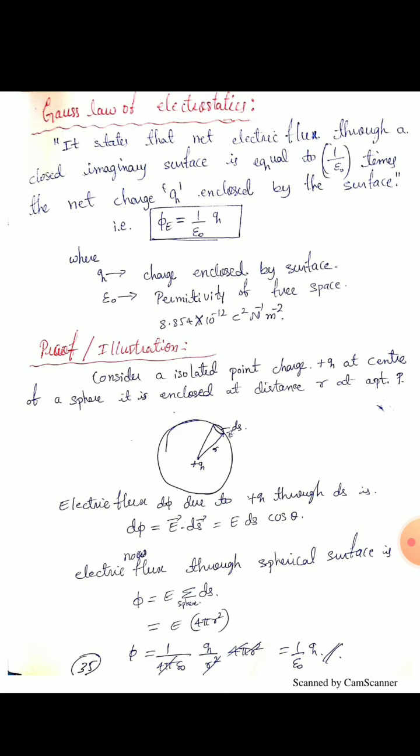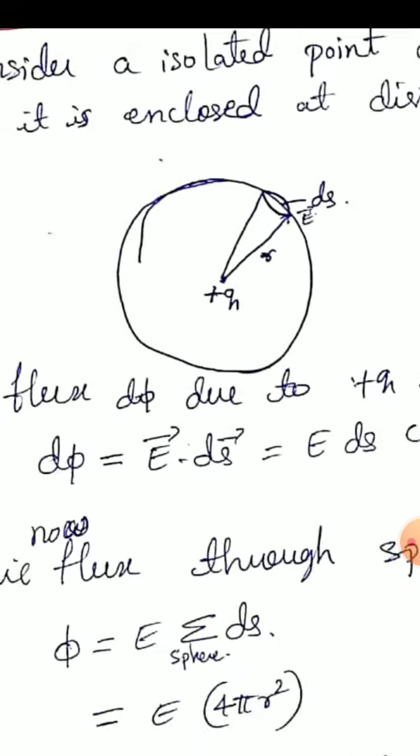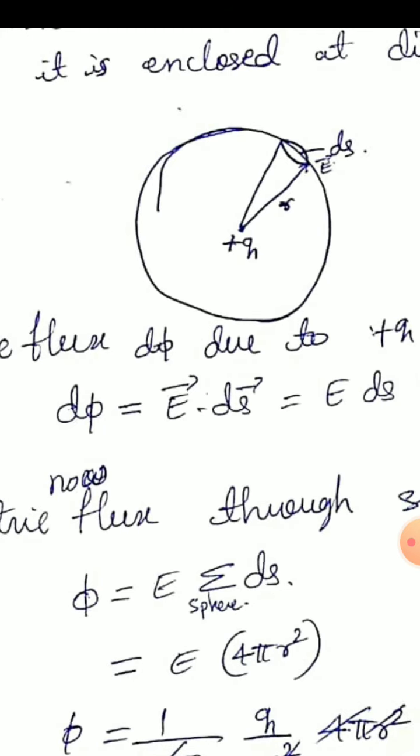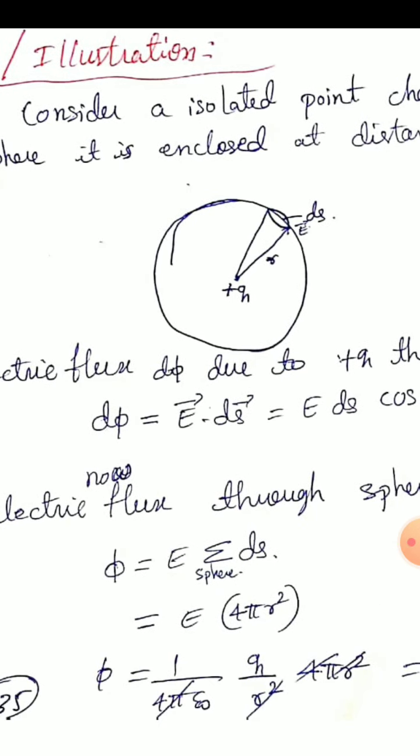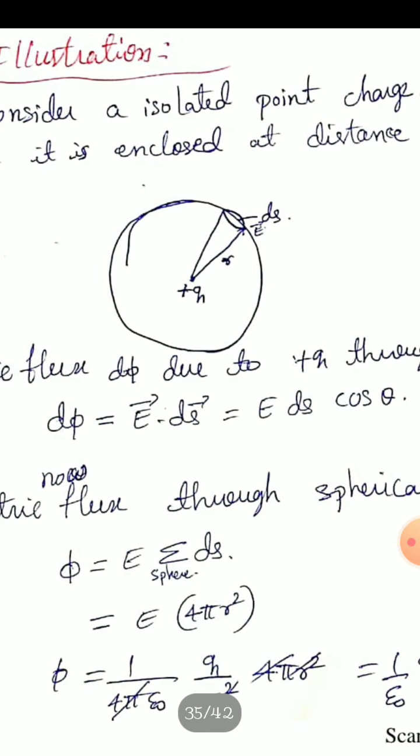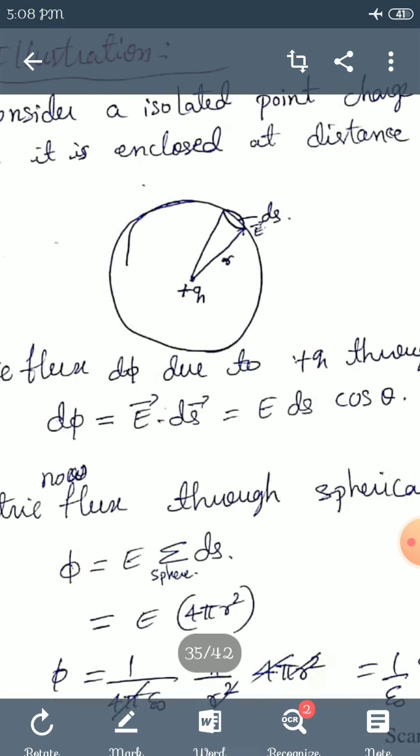So phi is equal to E into the summation of dS. For a sphere we have to take the surface area, so the surface area of a sphere will be 4 pi r square. As you know, the electric field is given by 1 divided by 4 pi epsilon naught Q divided by r square, into 4 pi r square. 4 pi r square gets canceled out.